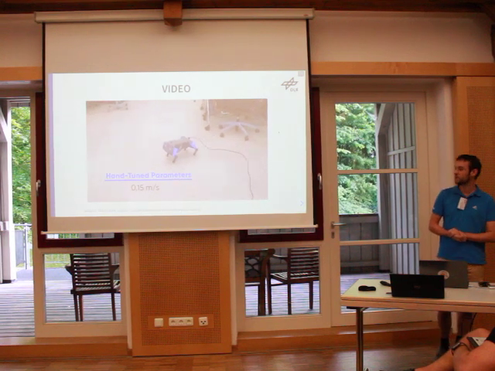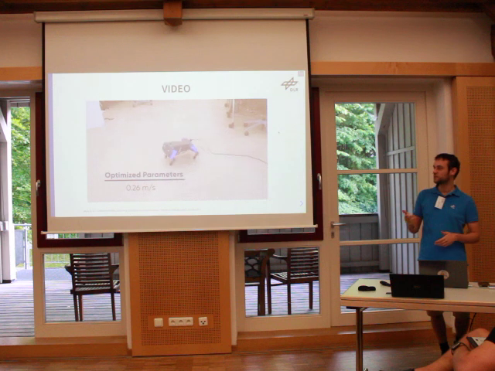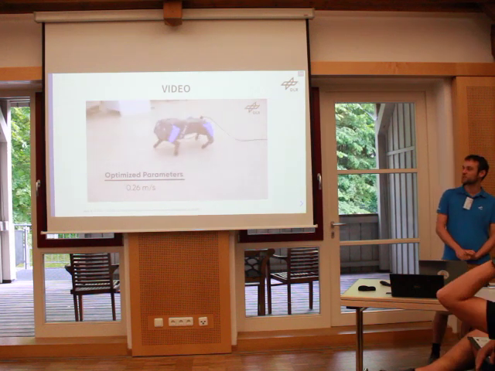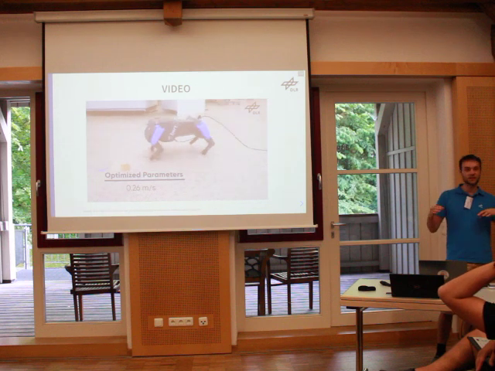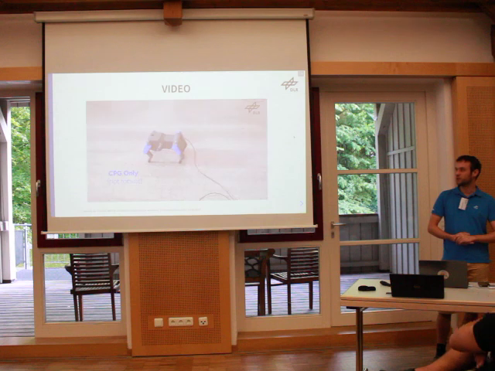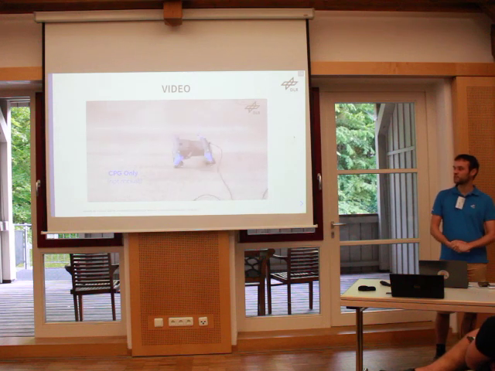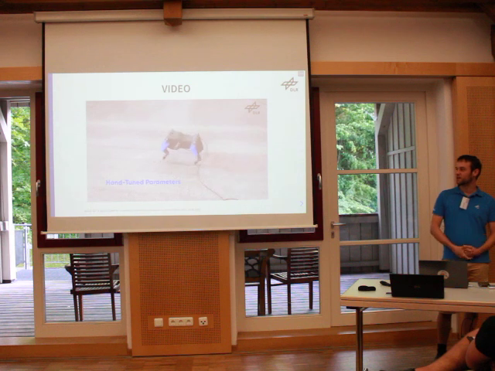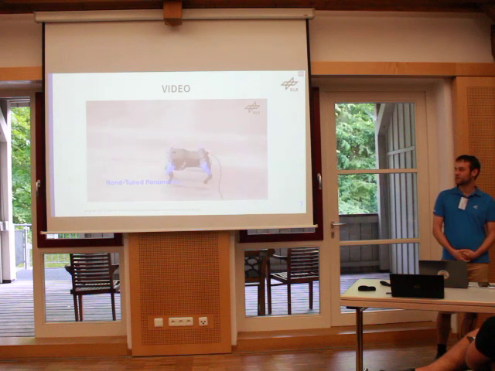So this is what it looks like if you tune it by hand, and you can achieve that in 10 minutes. And by letting it optimize directly on the robot, you can go 60% faster by using exactly the same joint velocity limits, which means that it's using the elastic joint.